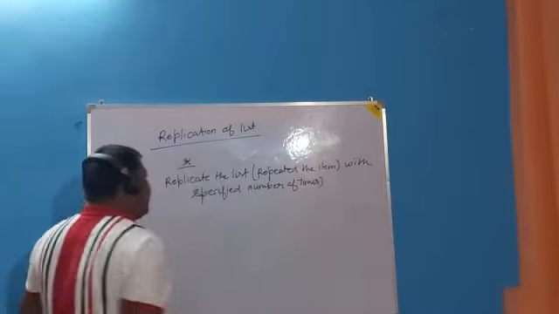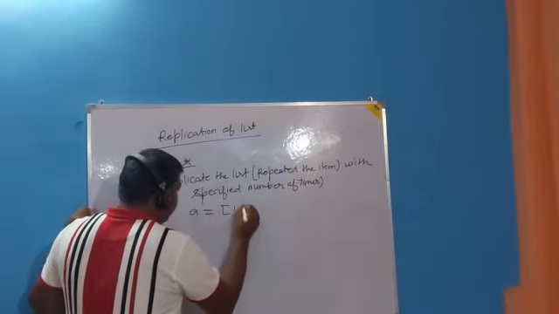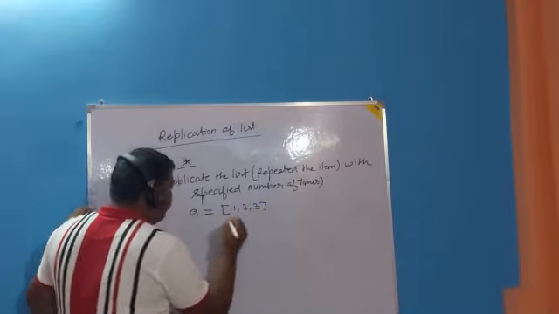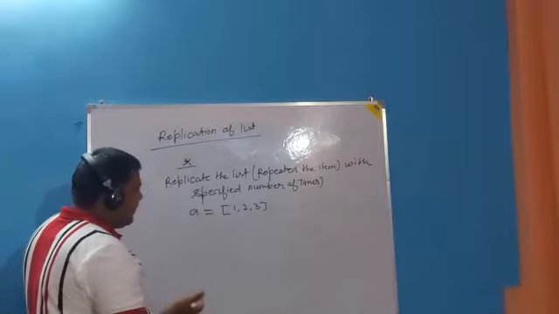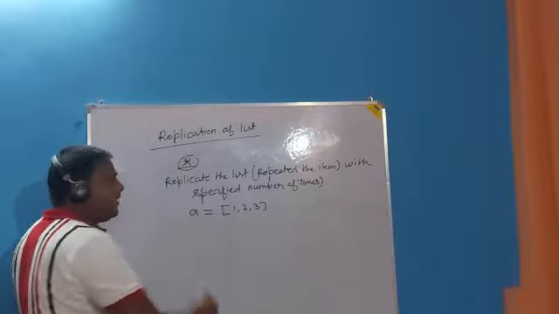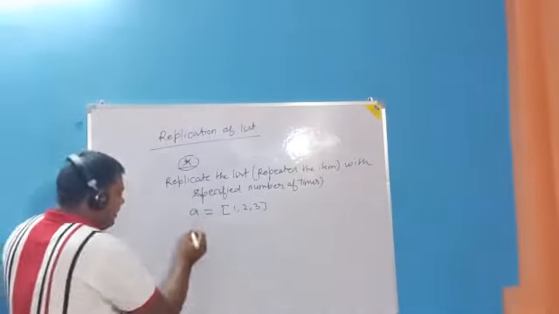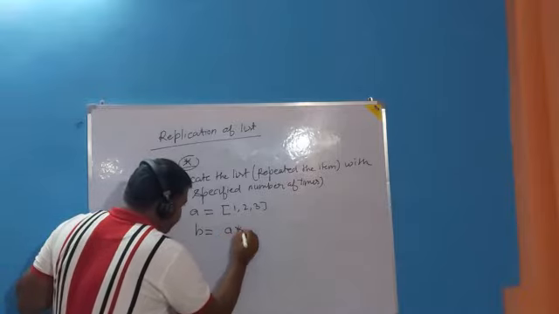That means if we have any list A is equal to 1, 2, 3, and we want the list items to be repeated 2 times, 3 times, we have to use the asterisk sign. So we will write B is equal to A into 2.